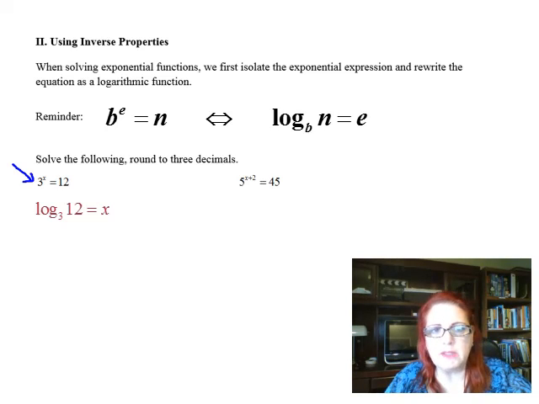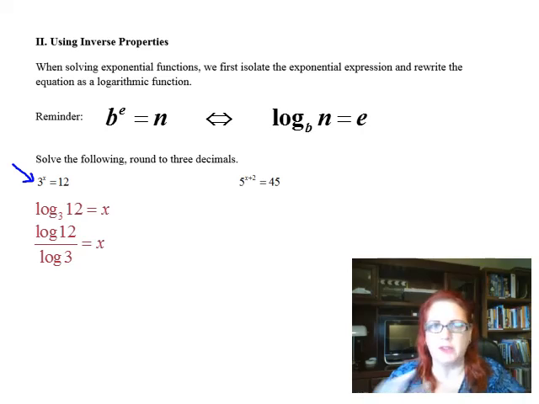Now x is all by itself already, so I can grab my calculators and type this in, except for one little thing. I don't have log base 3 on my calculator, so I am going to use change of base. So log base 3 of 12 becomes log 12 divided by log 3.